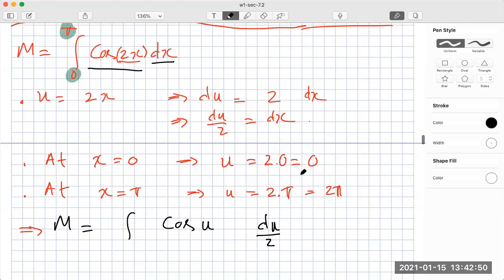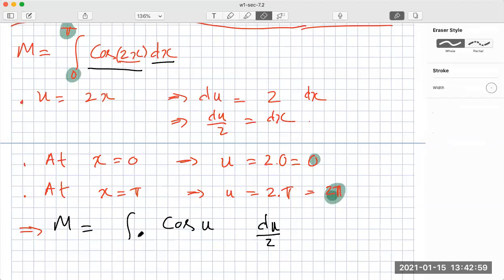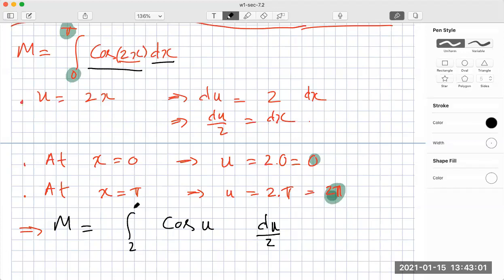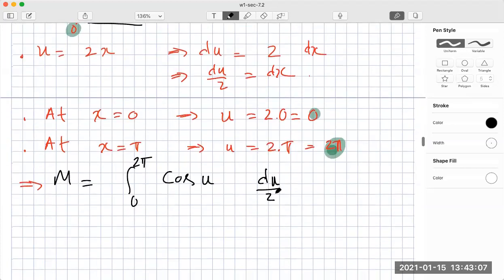Now the limits will be from 0 to 2 pi. This is a constant, so we can take it out.